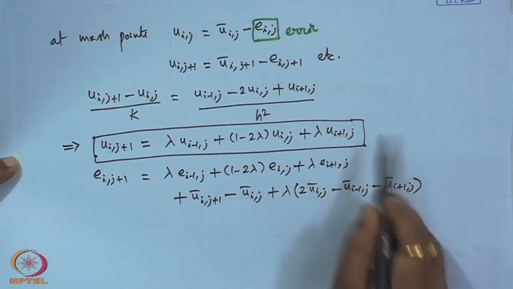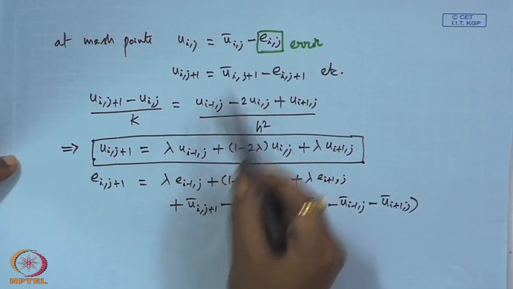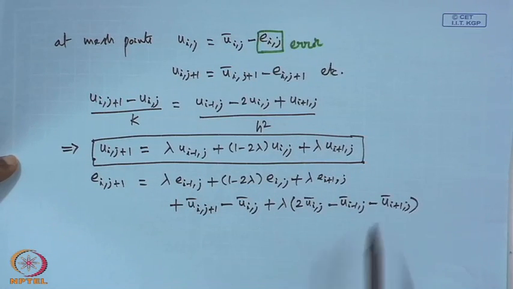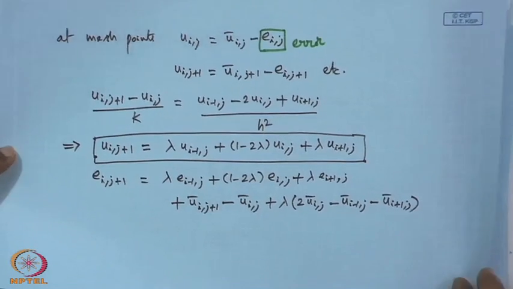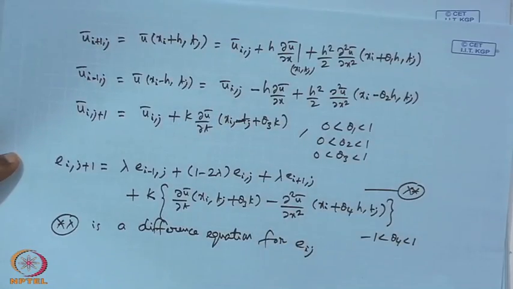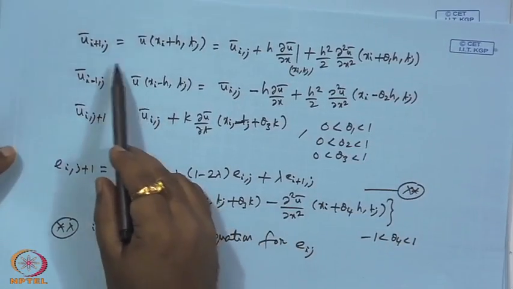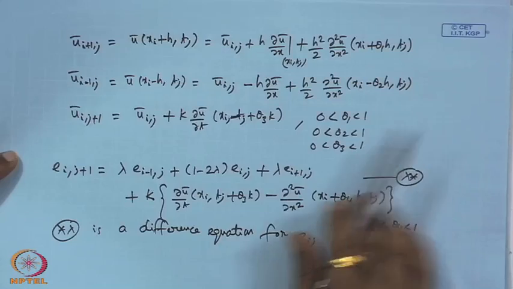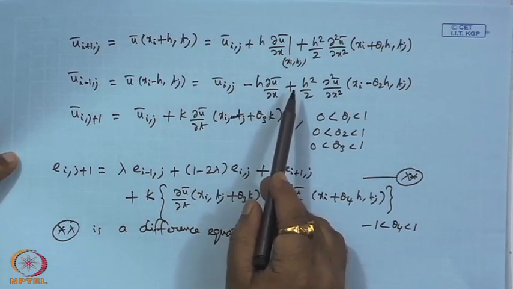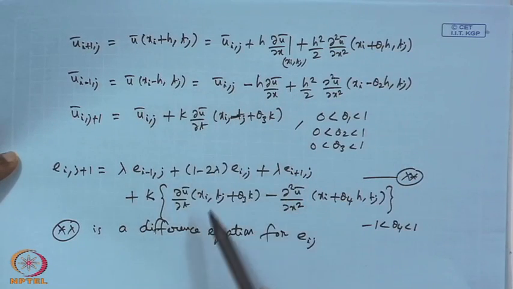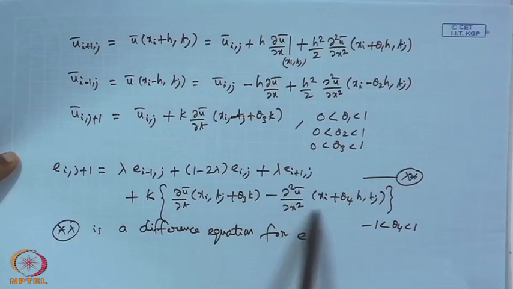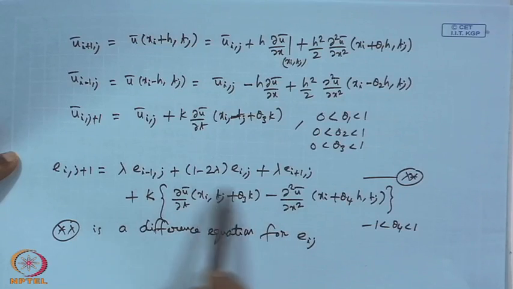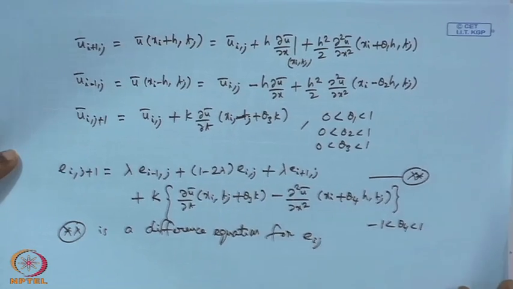Then you substitute this ansatz in the difference scheme, so we get this. Then we expand in Taylor series and substitute back. So, we get this. Now this is a difference equation for E_i^j.